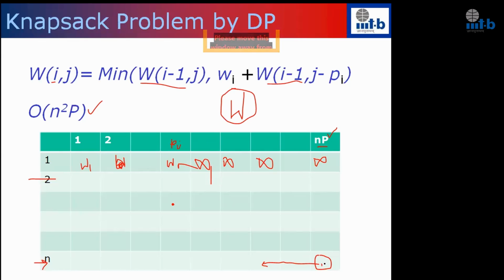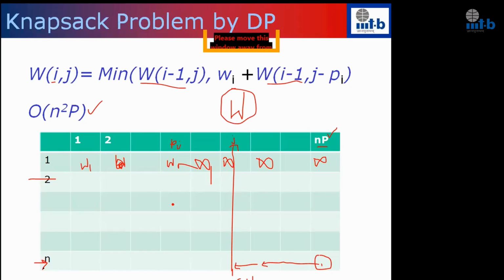Since the size of the knapsack that is required is more here, I keep going to the left-hand side. I stop the first time when I see a number here which is smaller than or equal to W. When the size of the knapsack that is required is smaller than W, I'll stop. The corresponding j that I have, that is the maximum profit that I can make, right?